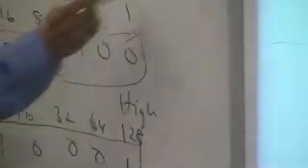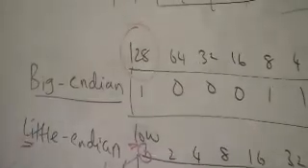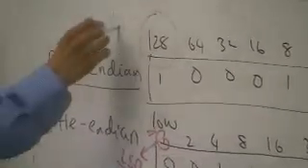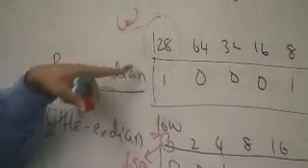Or the other way is the big fat guy, 128, goes at the low end in big endian. So the most significant bit goes at the low memory end. Well, that's probably difficult to remember. So always go with the little endian: least significant bit, low memory end.